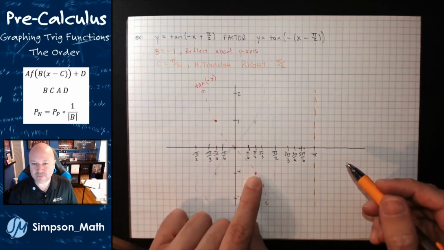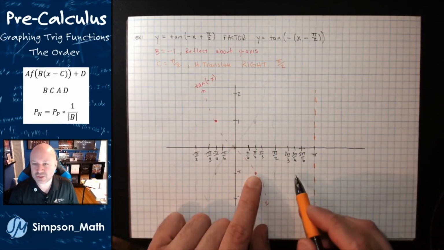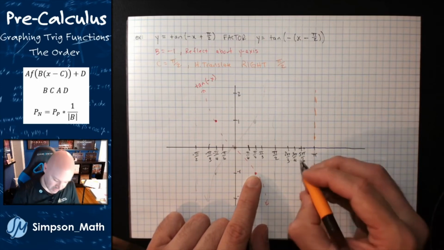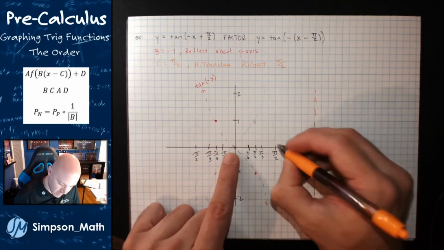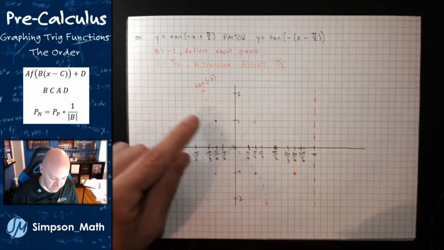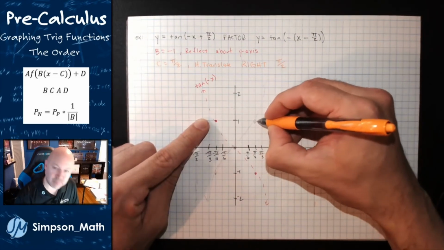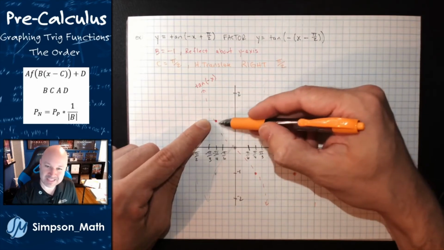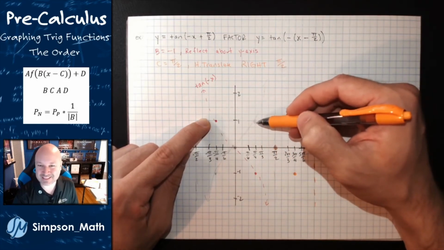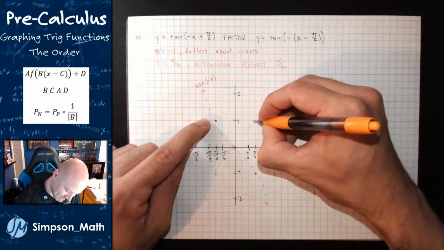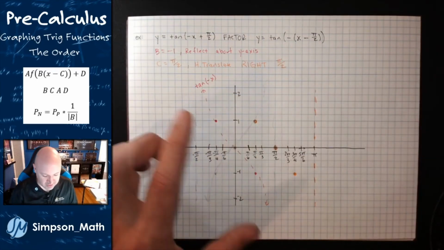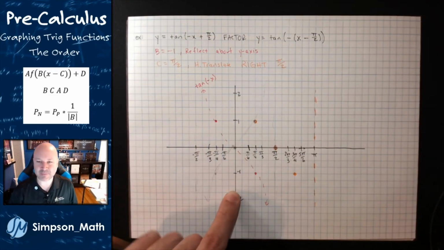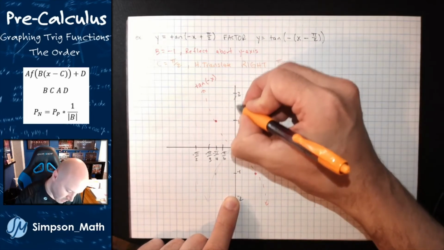The point at pi fourths, comma negative 1 will be shifted over to 3 pi fourths, comma negative 1. Nice and easy. I now have an x-intercept at pi halves. That point on the original tangent was reflected and then shifted, so now it's back on this new tangent. And then the x-axis itself has become an asymptote.